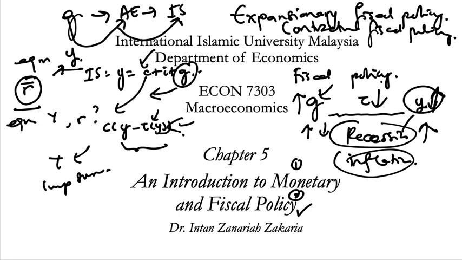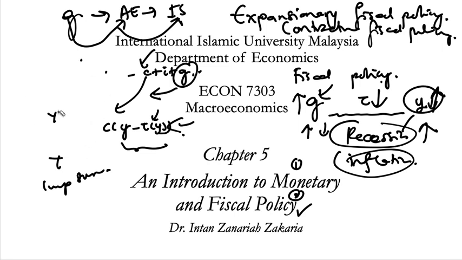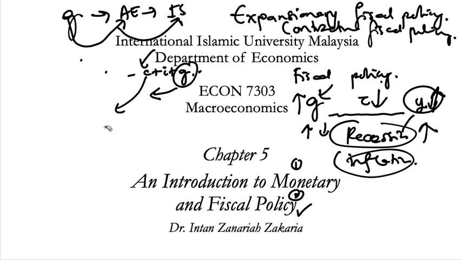Now, let me give some summary so that you can see clearly what you need to know in this chapter. Number one, you need to know the basics. When I say you need to know the basics, what are the tools of fiscal policy? What are the tools of monetary policy?